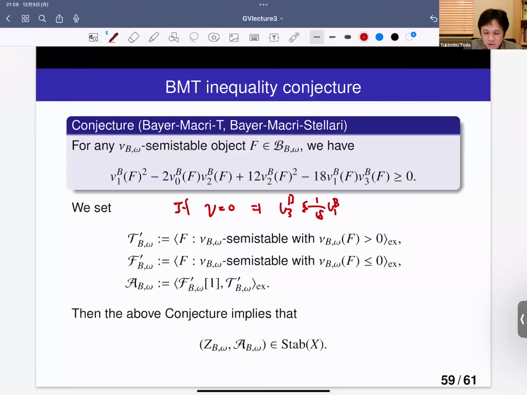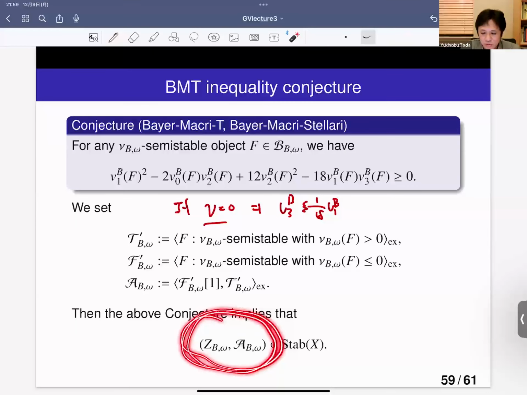But later, in Bayer-Macrì-Toda-type papers, they showed that this conjecture is equivalent to this inequality without the nu equals 0 condition. So if this inequality holds, then using similar operations, we showed that we have in fact a stability condition of this form.